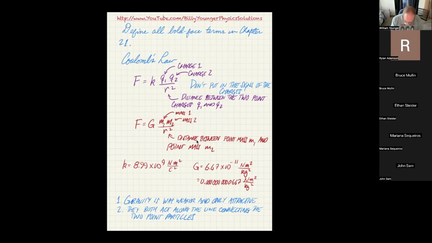Both of them reach infinitely far. There is no distance r such that F is equal to 0. So they call Newton's law of gravity the universal law of gravitation because it reaches across the whole universe.